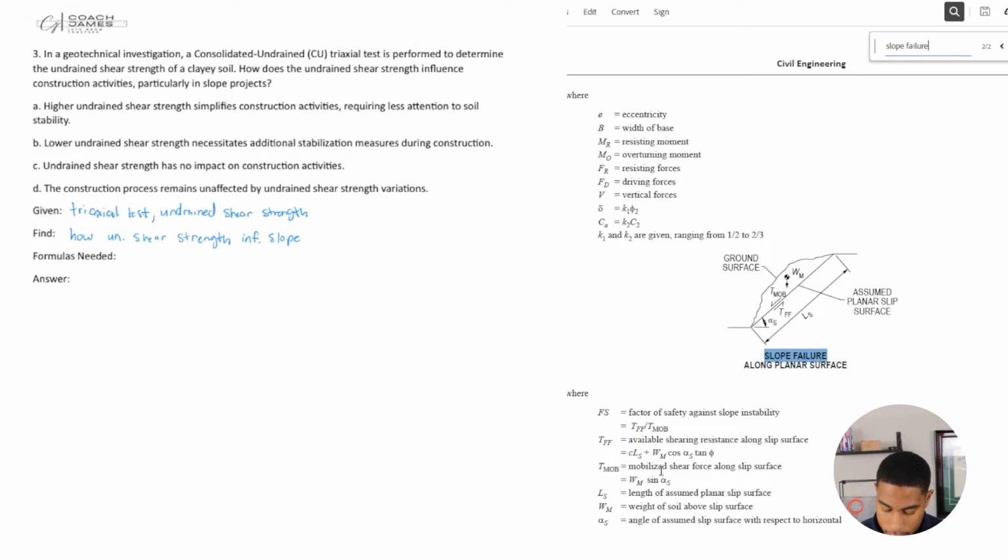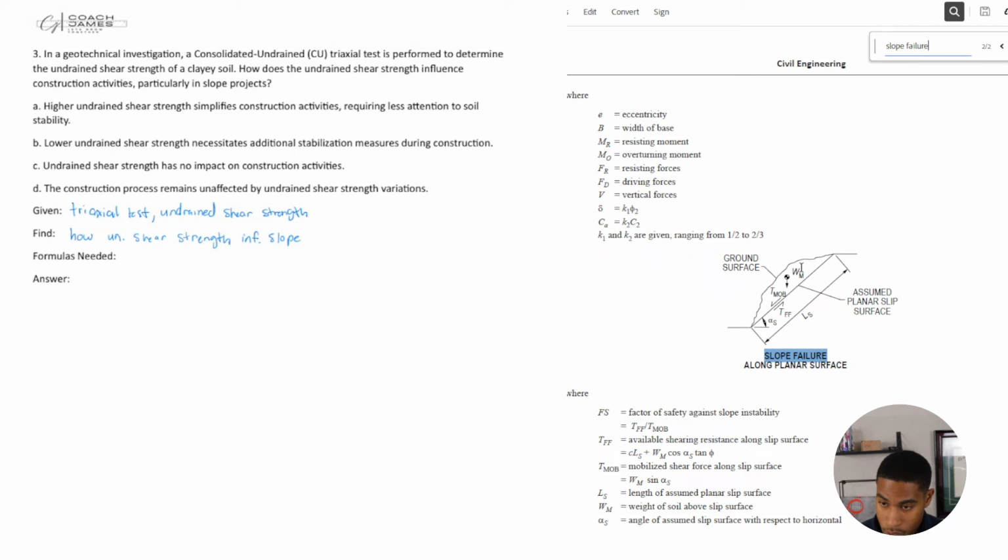So let's look at A. The higher undrained shear strength simplifies construction activities, requiring less attention to soil stability. And I would disagree.